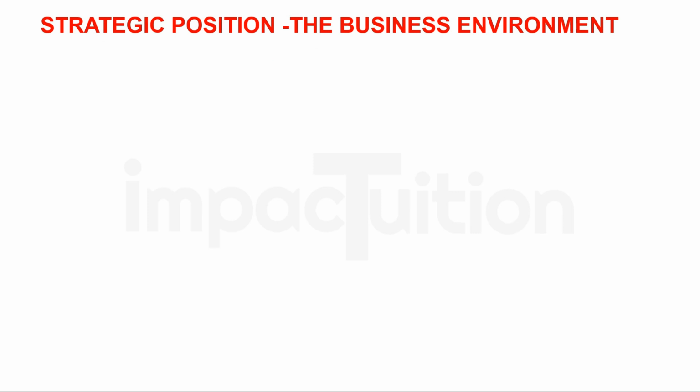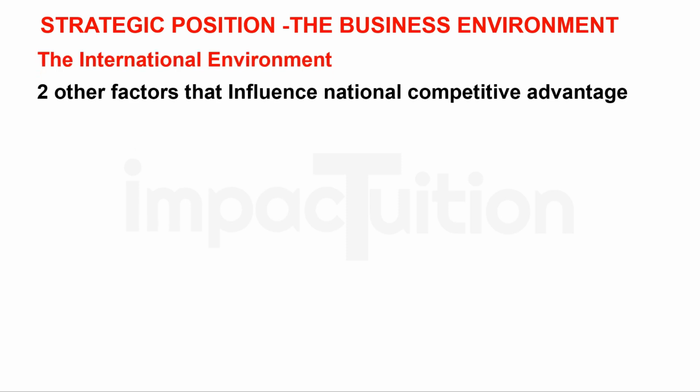Now, the four elements in Porter's diamond are all important for creating national competitive advantage because they create the conditions that result in competitive advantage. There are two other factors that influence the national competitive advantage of countries.